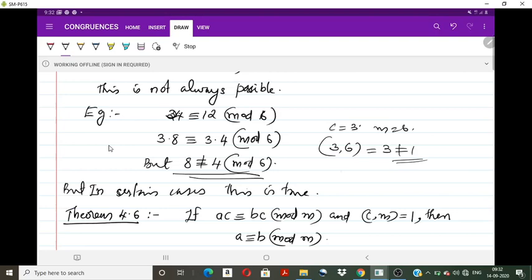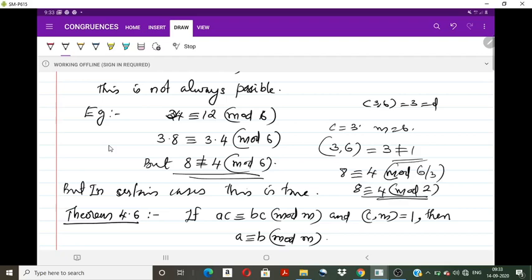But we can see that 8 must be congruent to 4 modulo M by D. So with D equal to 3, we can see that 8 is congruent to 4 modulo 2. This is true, isn't it? 8 minus 4 is 4, and 4 is divisible by 2.